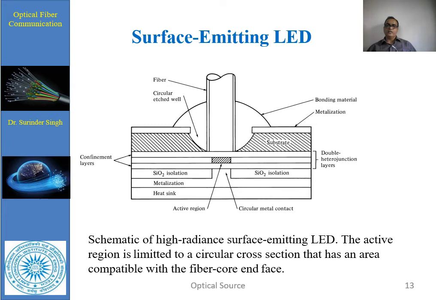These two heterojunction layers confine both optically as well as the carriers. There is a silicon dioxide isolation layer, and this is the substrate and metallization heat sink.